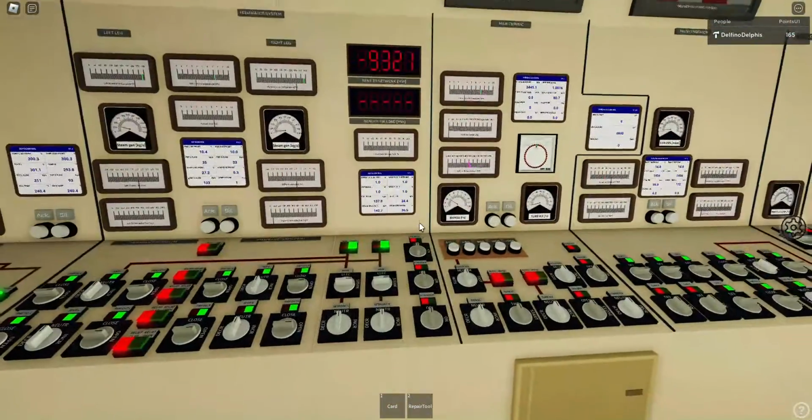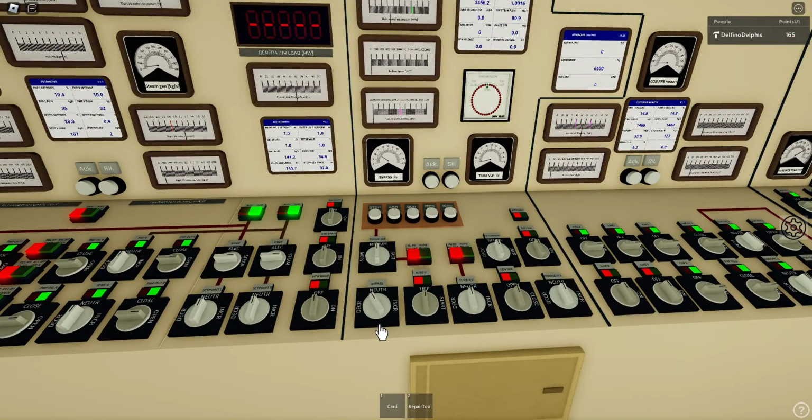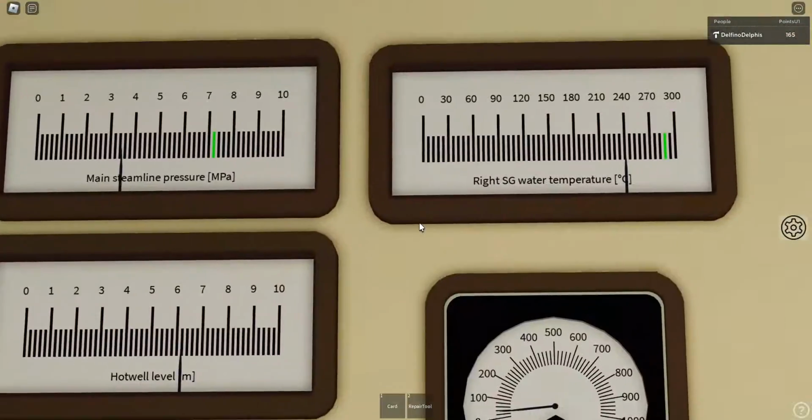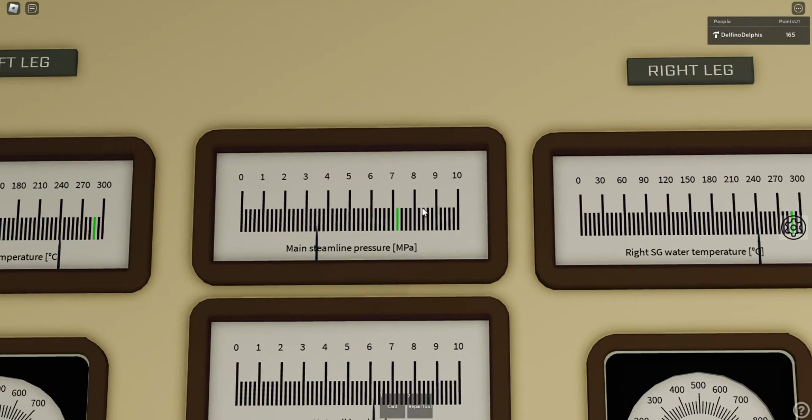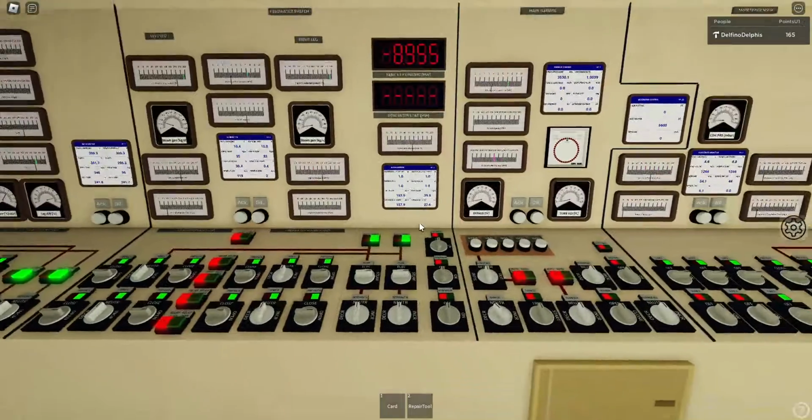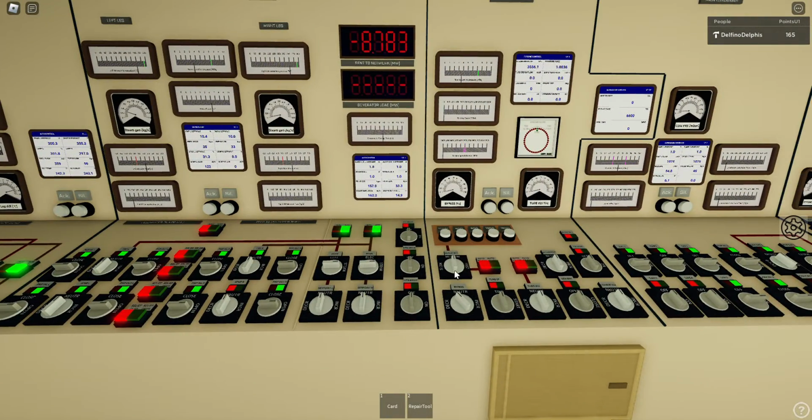Okay, maybe I will close the bypass now, so I will be able to build the pressure a little quicker. We want around 7 megapascals, and we should be ready for a turbine run-up.